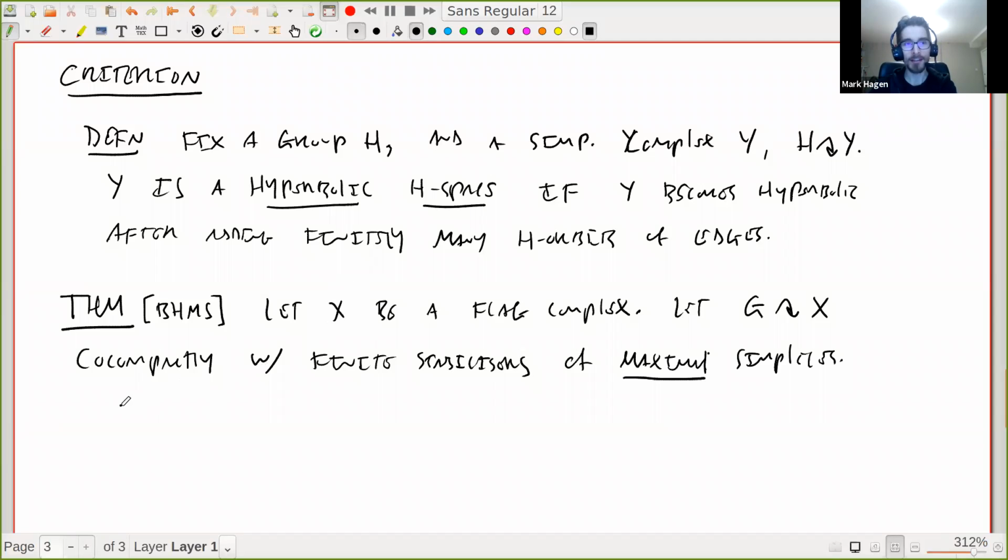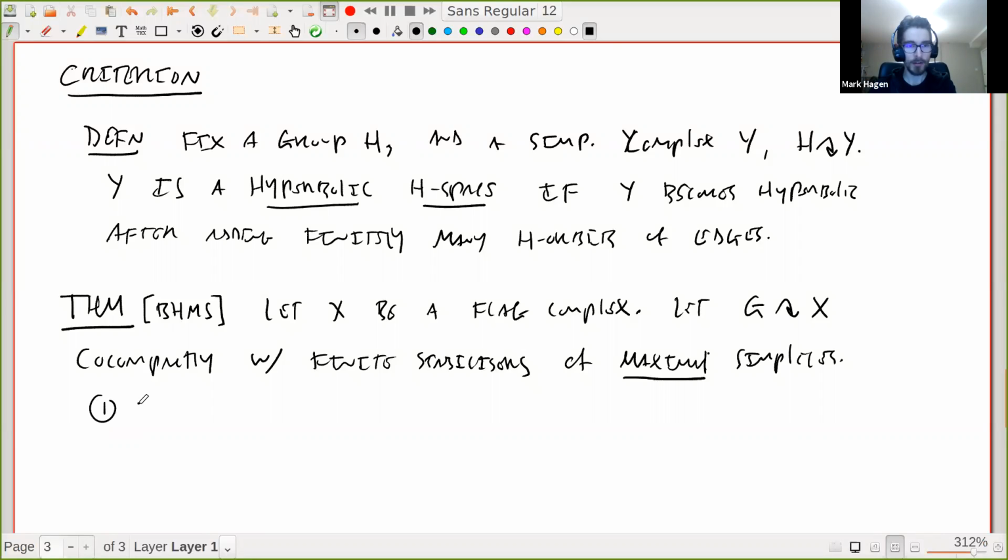And the key objects are going to be links of simplices in X. When I say the link of a simplex, I mean the subcomplex spanned by the vertices that are joined to every vertex in the simplex I'm looking at.